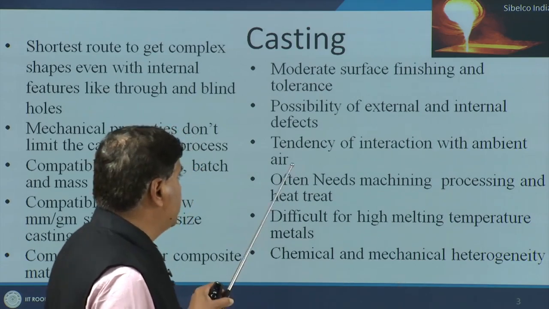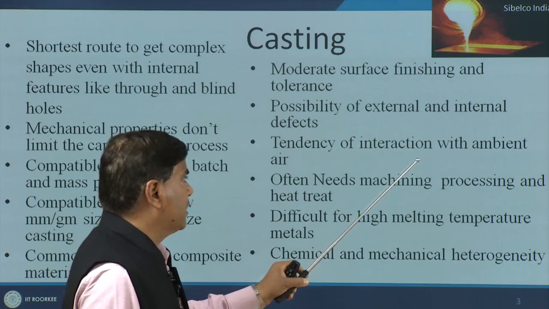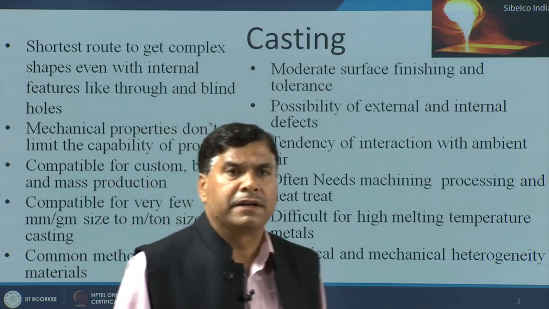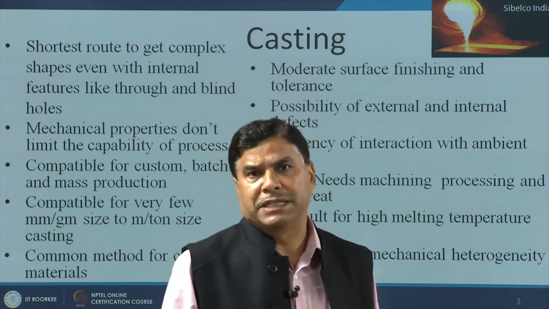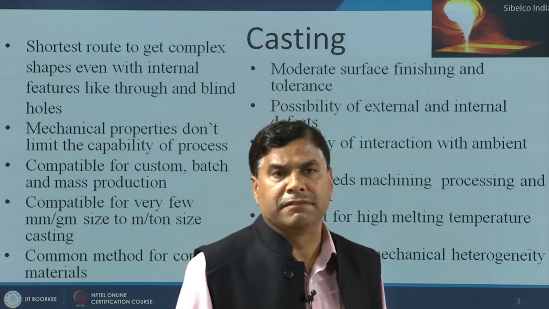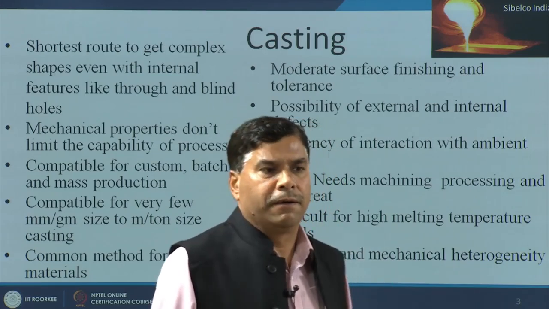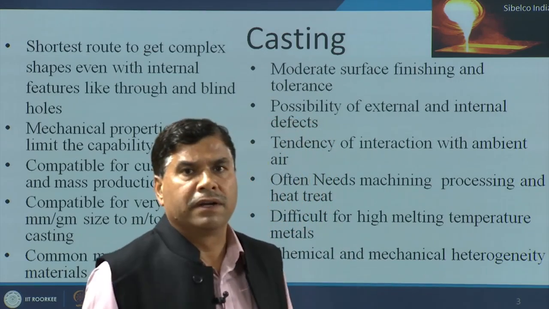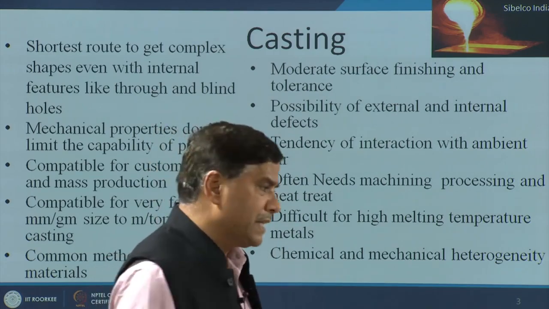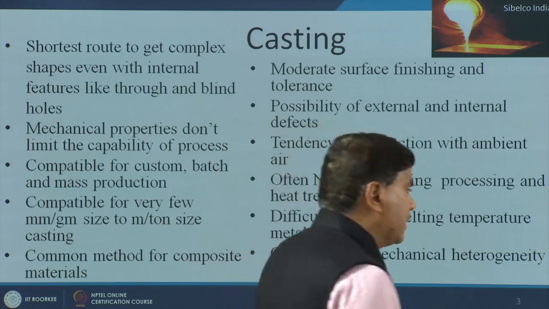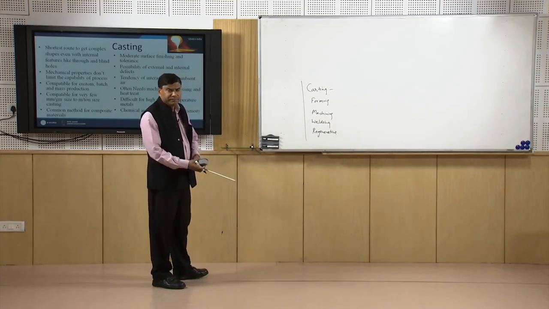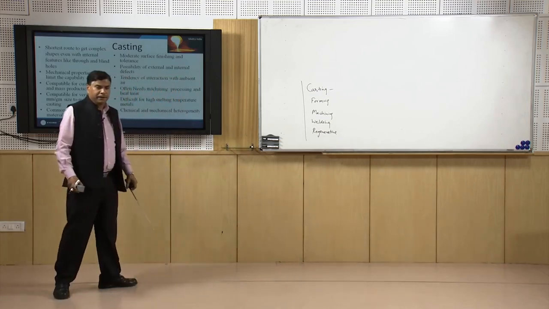And another important thing, the tendency of interaction with the ambient air. We know that whenever the temperature of the metal is increased, it becomes active to the atmospheric gases, and with the increase in temperature it can absorb or dissolve more gases in the liquid state as compared to the solid state. So, the differential solubility in the liquid and solid state leads to the problem of porosity.